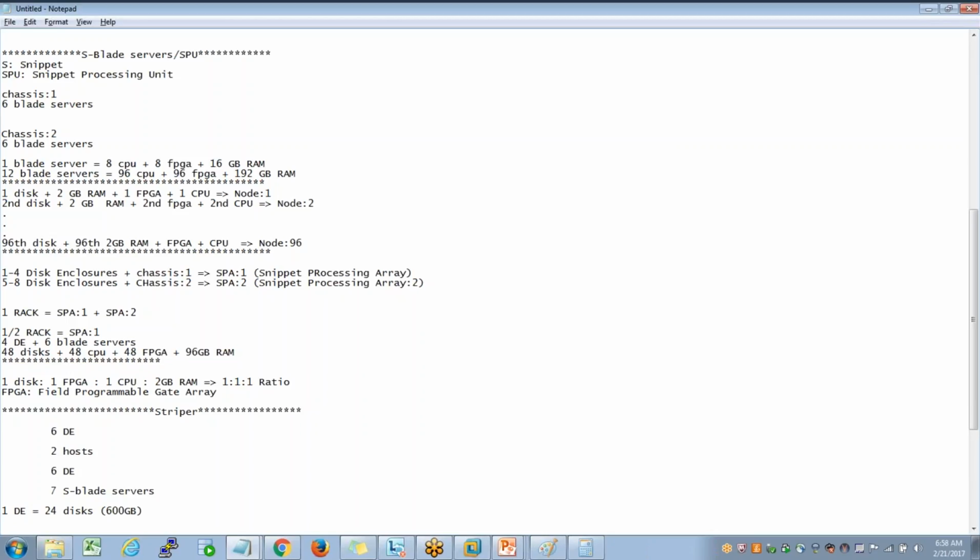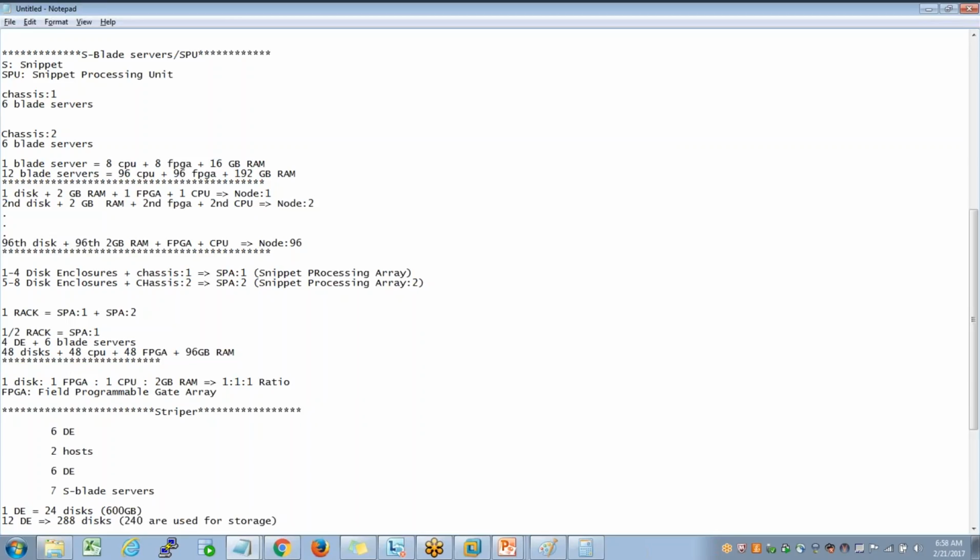So total they got how many? 12 disk enclosures, 288 disks. Of the 288, only 240 are used for storage, and the remaining are for the operating system and some other purpose.